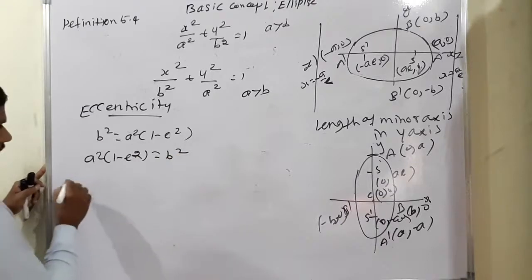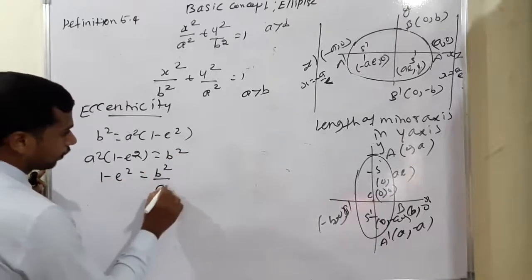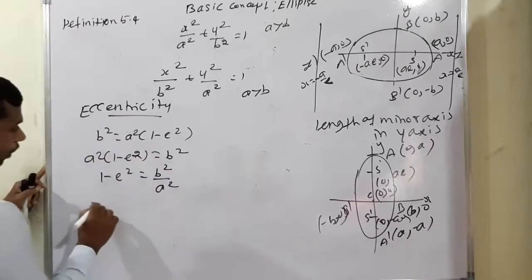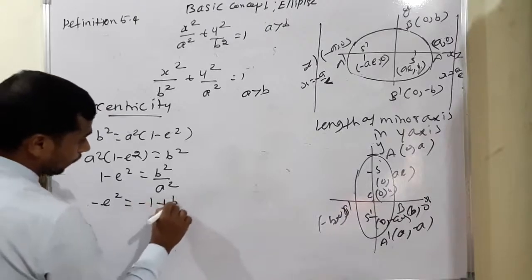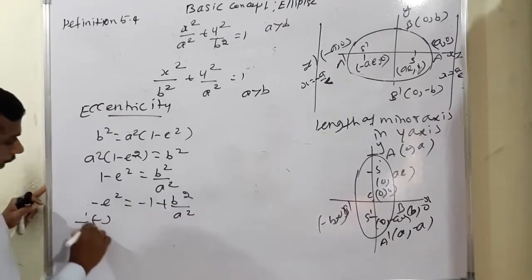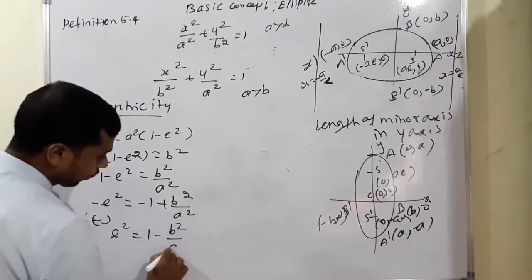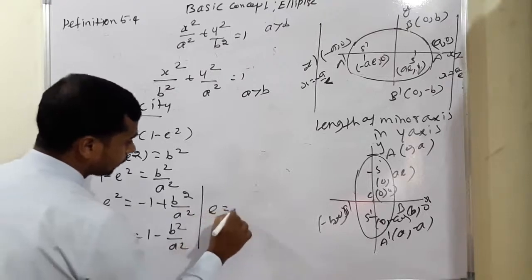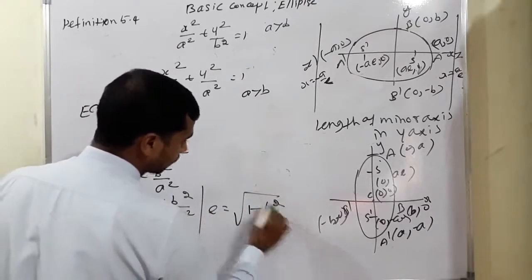Therefore 1 minus E square is equal to B square by A square. Again bringing 1 to the opposite side, minus E square is equal to minus 1 plus B square divided by A square. Dividing each term by minus, positive E square is equal to 1 minus B square by A square. Then how to find out the eccentricity? E is equal to the square root of 1 minus B square by A square.